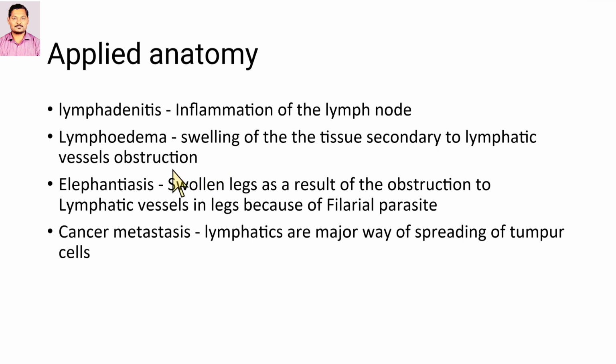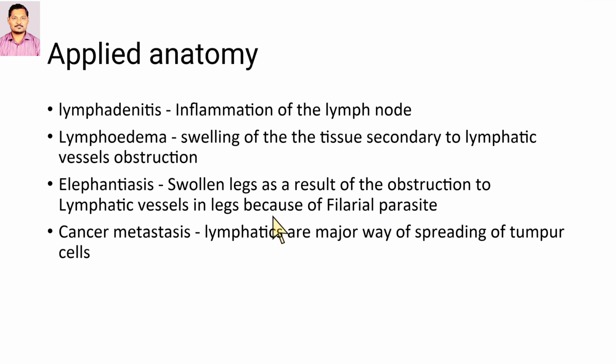And lymphedema is swelling of any tissue secondary to lymphatic obstruction. Okay, so if there is an obstruction of the lymphatic vessels, the backflow will be stagnant, and it will produce swelling in the skin, in the subcutaneous tissue. Wherever it finds a place to accumulate, this lymph will give rise to swelling, and such a swelling is very common in the lower limb, called elephantiasis, where you have swollen legs as a result of the obstruction to the lymphatic vessels.